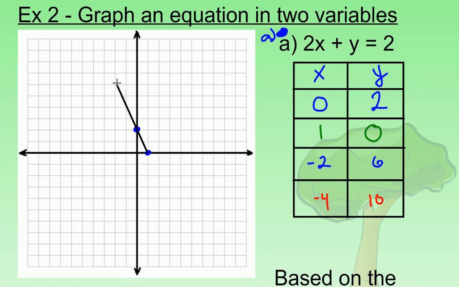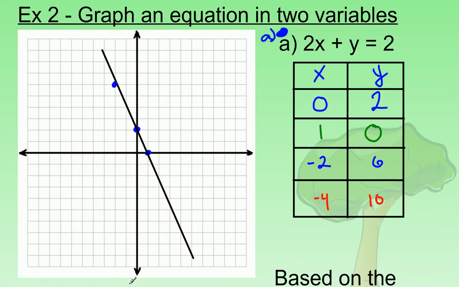And that, honestly, right there, is enough to graph this line. If I connect these 2 points, and I'm going to extend the line a little bit, that is what this line is going to look like. I bet the rest of my points, these other points here, are going to fit on that line. But it's more accurate the more points you put. So let's see, negative 2, 6. 1, 2, 3, 4, 5, 6.